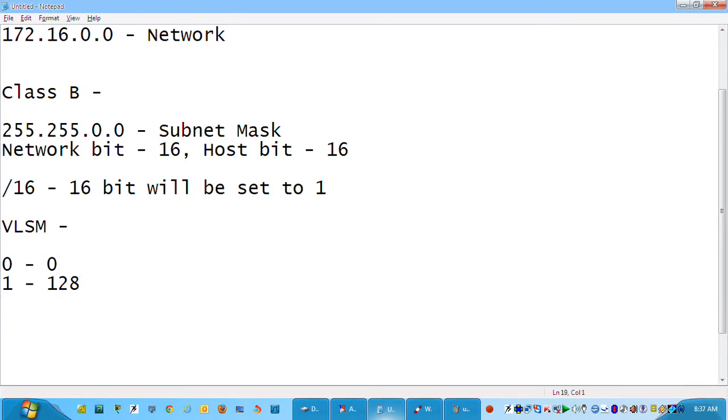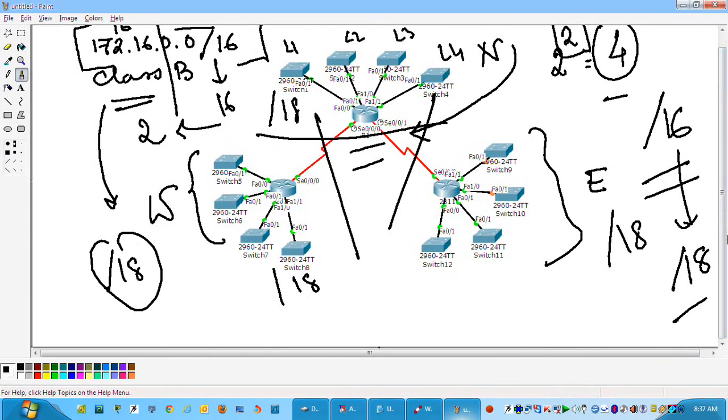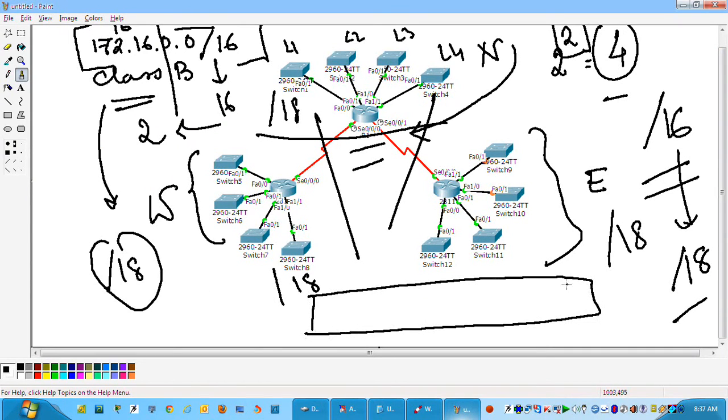I am giving you the calculator. How am I getting it? Because if you look at this particular table, I am just showing you the table. Okay, the bitwise values: this is 2 to the power 0, this is 2 to the power 1, 2 to the power 2, 2 to the power 3, 2 to the power 4, 2 to the power 5, 2 to the power 6, 2 to the power 7.